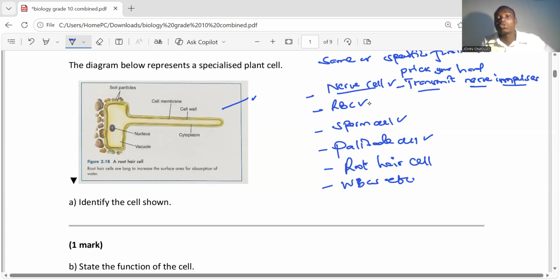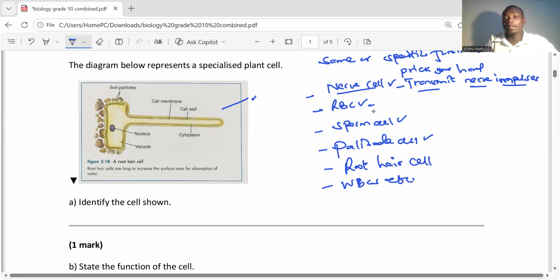Are you getting that? So nerve cell, there is what we call motor neuron, sensory neuron, and relay neuron. So neuron is one of the nerve cell I'm talking about. So nerve cell is just the neuron. Are you getting that? So they transmit or transport nerve impulses, information.